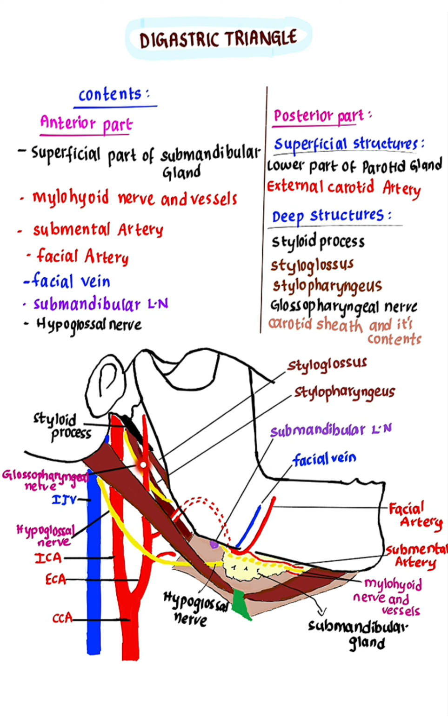Contents in the posterior part of the triangle are superficial structures, lower part of parotid gland, external carotid artery, deep structures, styloid process, styloglossus, stylopharyngeus, glossopharyngeal nerve, carotid sheath and its contents.